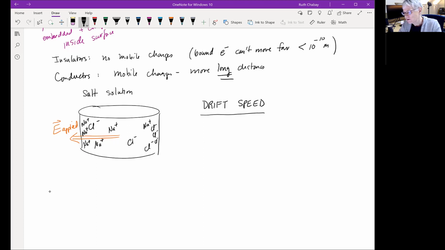Why is it called its drift speed? Because even without any electric field, all these things are moving around a lot, right? They're finding collisions with water molecules, maybe collisions with other ions. So there's a lot of random motion, even when nothing's disturbing this.